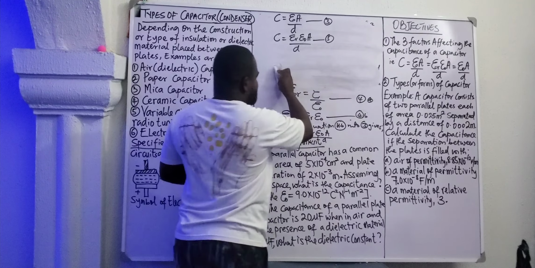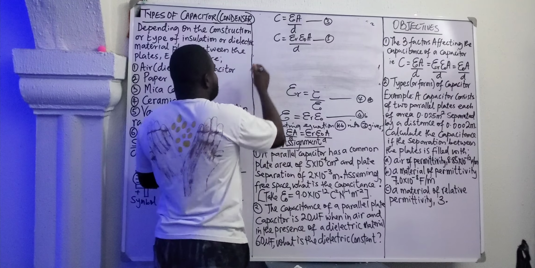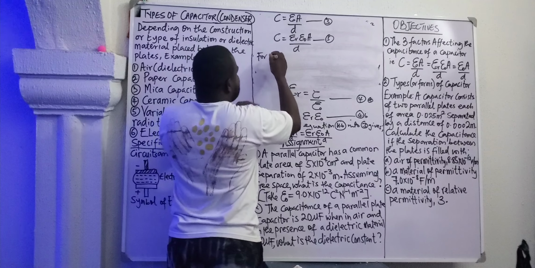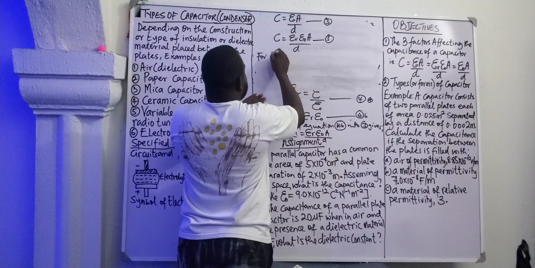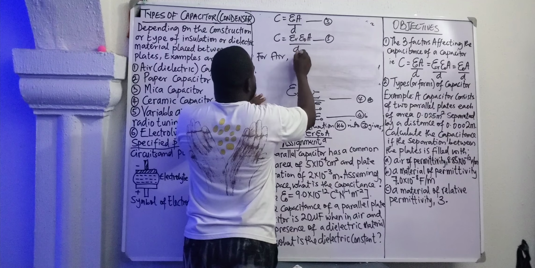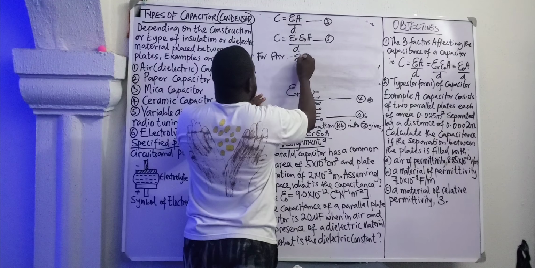Now, one more thing. For vacuum, if the dielectric is air, the relative permittivity is equal to 1.